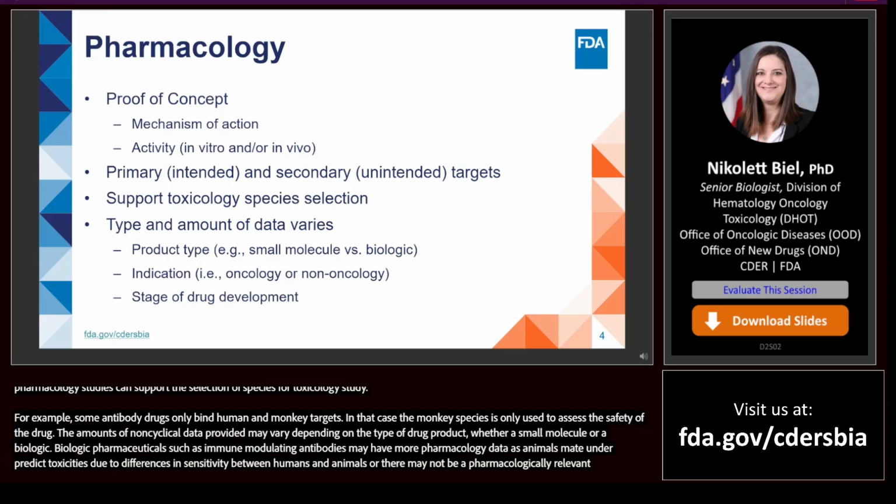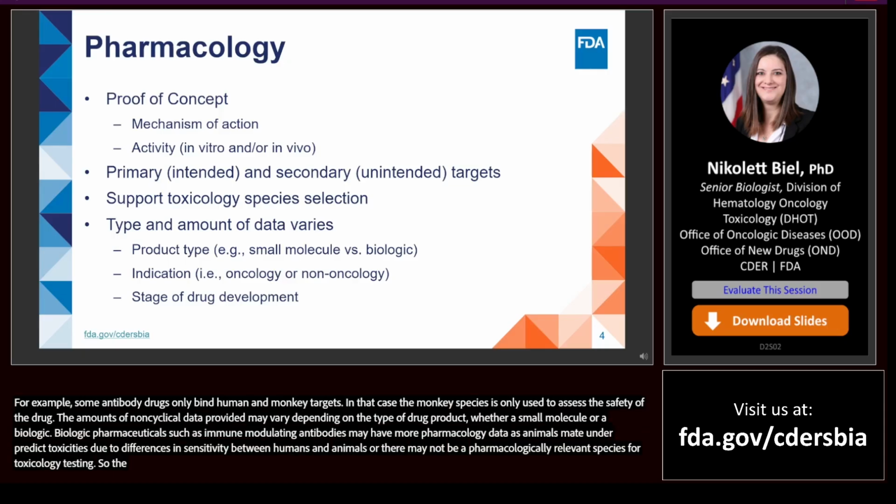So the safe starting clinical doses generally rely on many of the pharmacological data to determine what is called a minimally anticipated biological effect level, or MABEL.